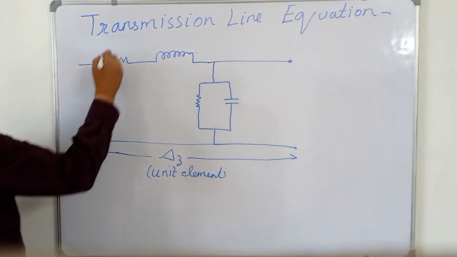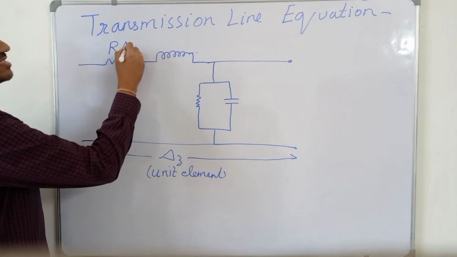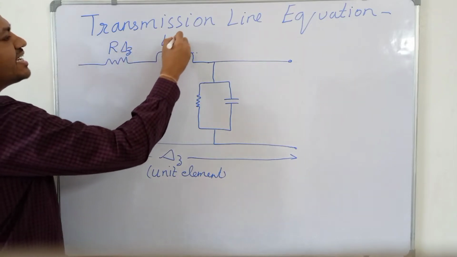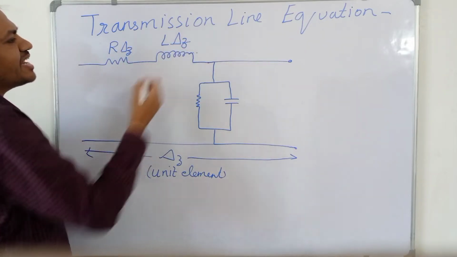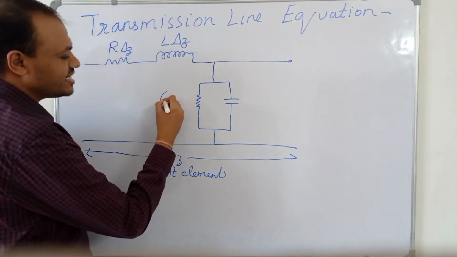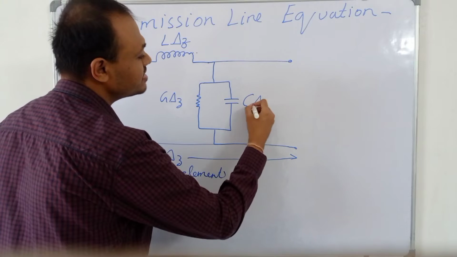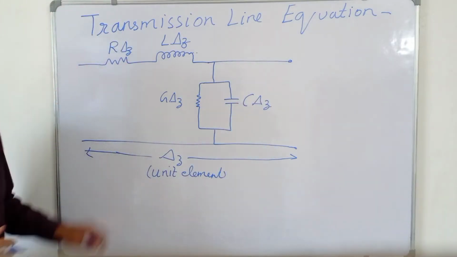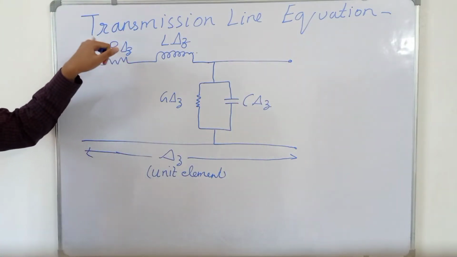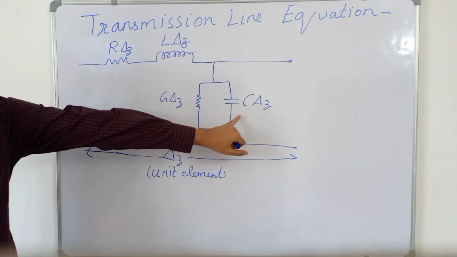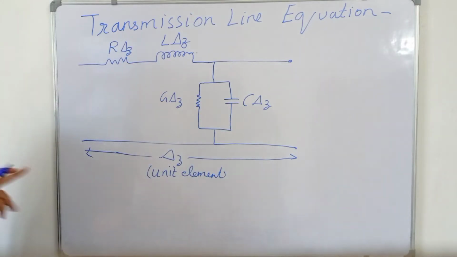So this is resistance, its value is R delta Z. This is inductance, its value is L delta Z. This is conductance, its value is G delta Z. This is capacitance, its value is C delta Z. Because for a transmission line, its parameters resistance, inductance, conductance and capacitance are defined per unit length.